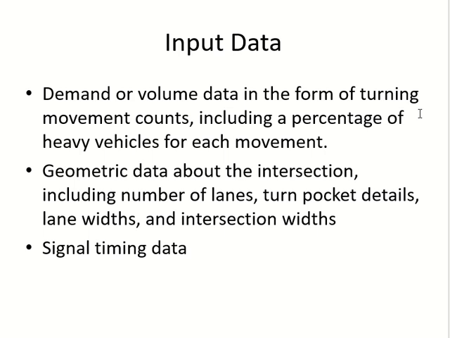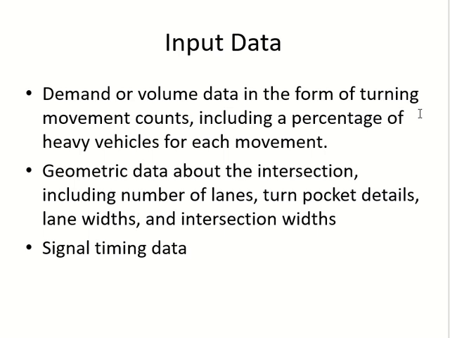I want to know how much for each movement, and for each movement you should also know the percentage of heavy vehicles. So having total volume is not enough for doing the operational analysis. You must know the volume for each movement, and for each movement you must know its percentage of heavy vehicles.